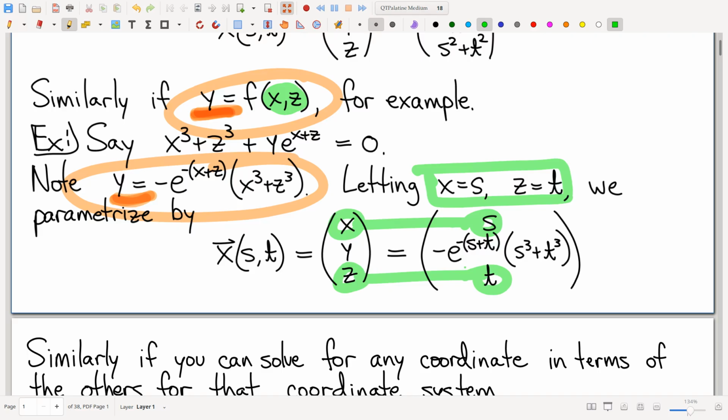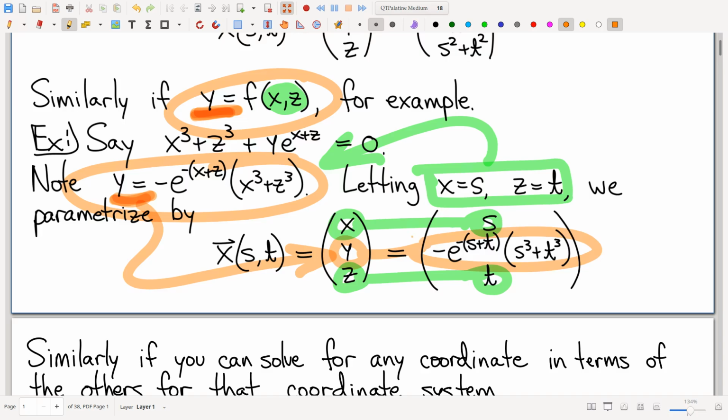I've already won. It's just a matter of letting it play itself out. Because after all, if x is s and z is t, then y has to be that, and we win. Everybody all right?